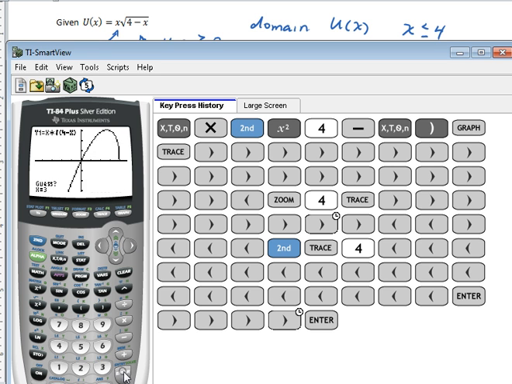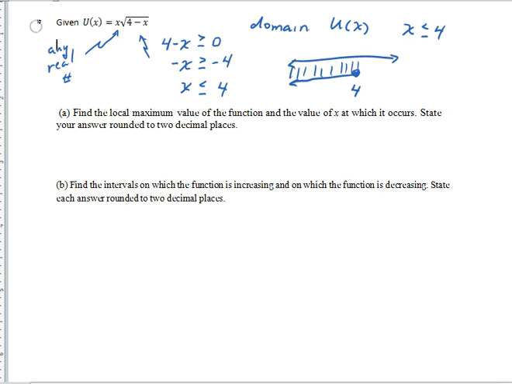Hit enter twice. And we get that the local maximum is approximately at 2.67, and its value is 3.08.